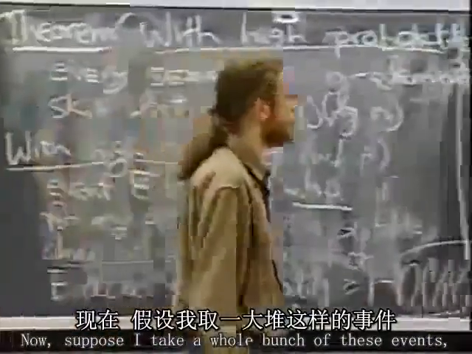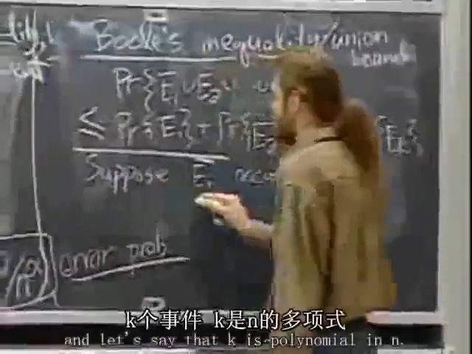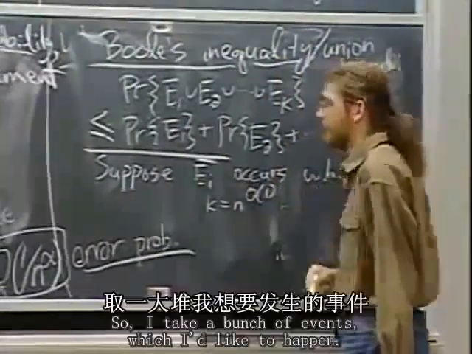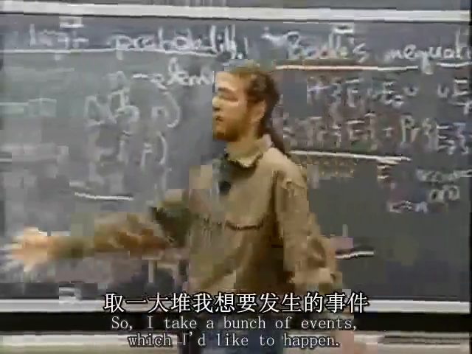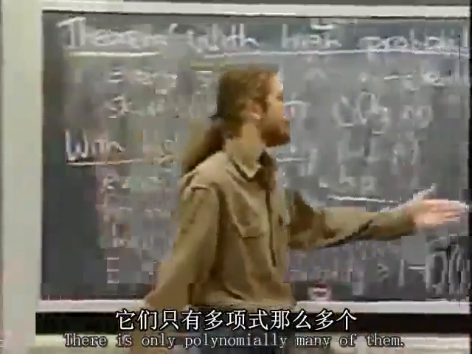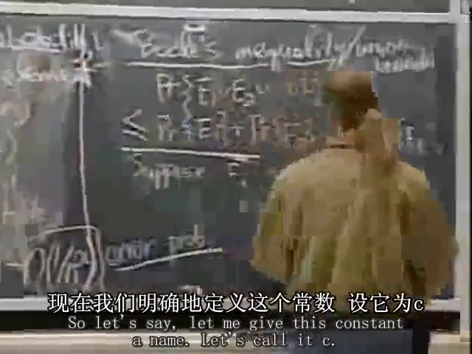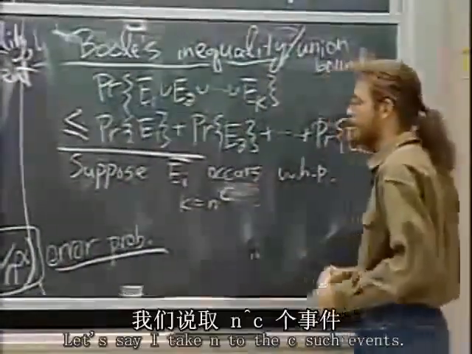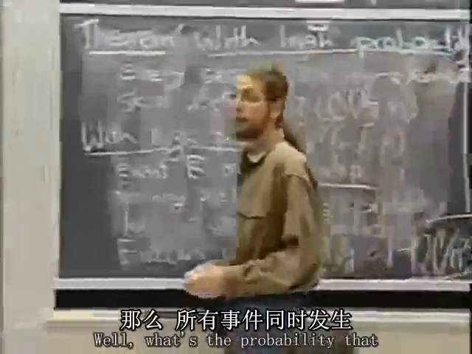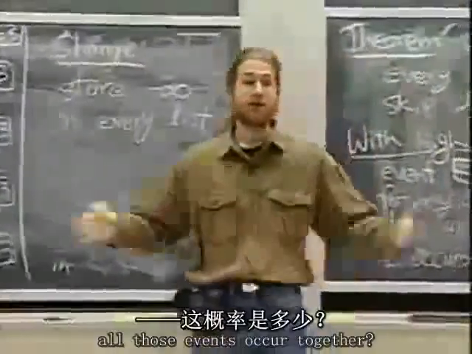Now suppose I take a whole bunch of these events, and let's say that k is polynomial in n. So I take a bunch of events which I'd like to happen. They all occur with high probability. There's only polynomially many of them. Let me give this constant a name. Let's call it c. Let's say I take n to the c such events. Well, what's the probability that all of those events occur together?